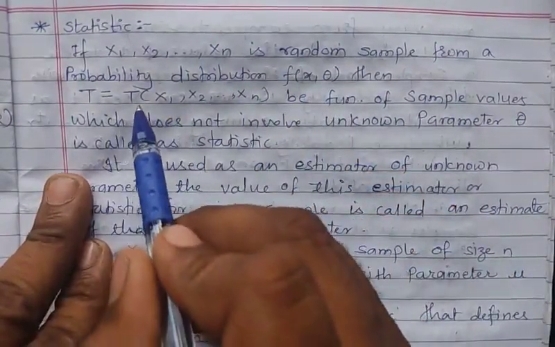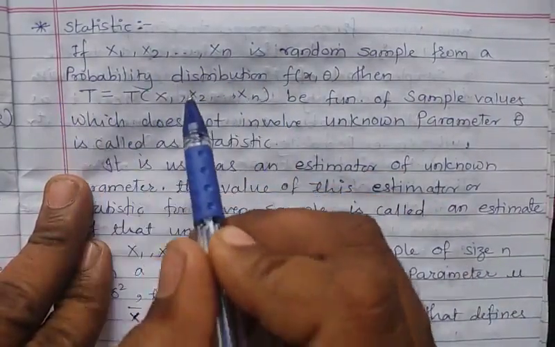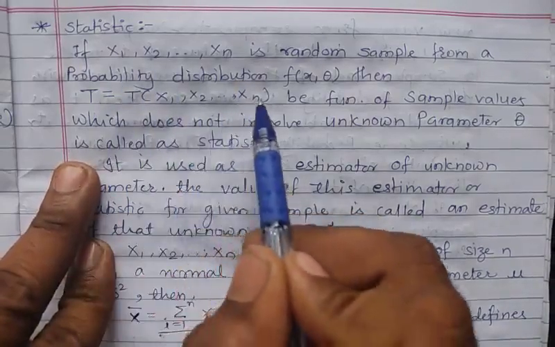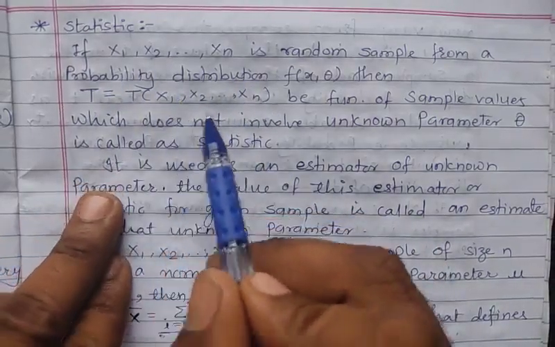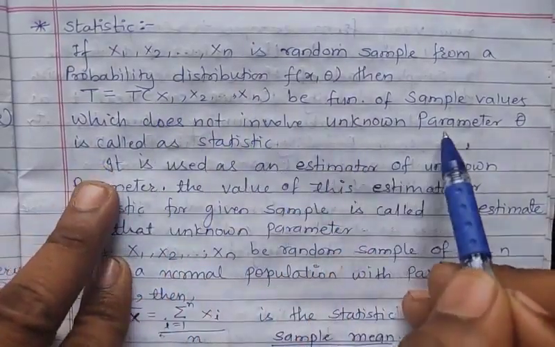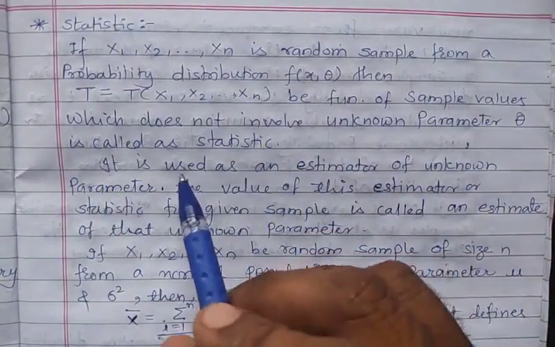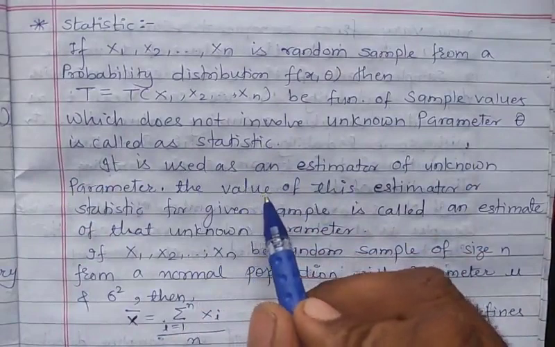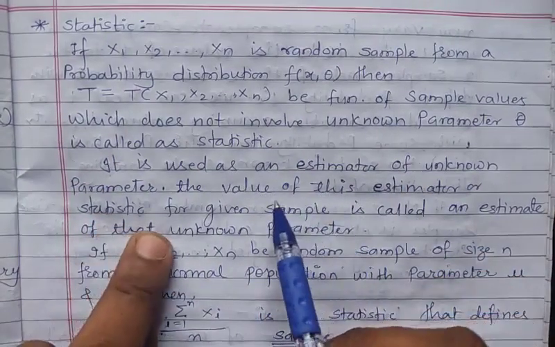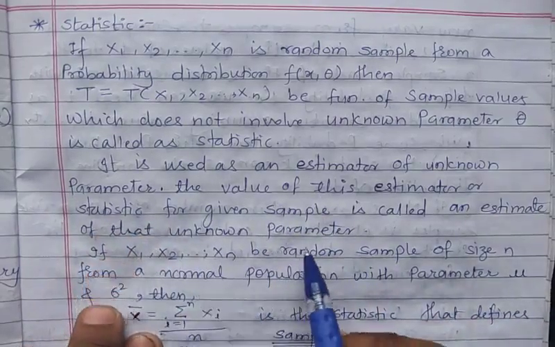Then T equal to T of x1, x2 up to xn, a function of sample values which does not involve the unknown parameter theta, is called a statistic. It is used as an estimator of unknown parameters, and the value of this estimator for a given sample is called an estimate of that unknown parameter.